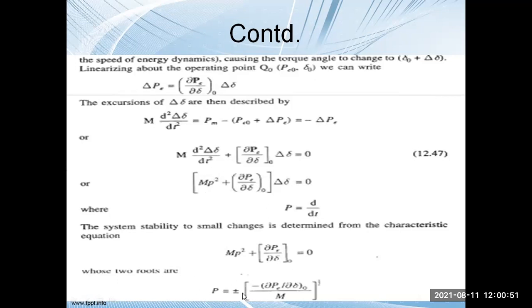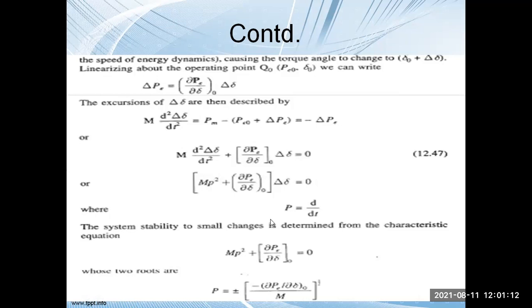The roots p will be equal to plus minus square root of minus delta P by delta delta divided by M. When you have this particular thing negative, the roots will lie on the imaginary axis.